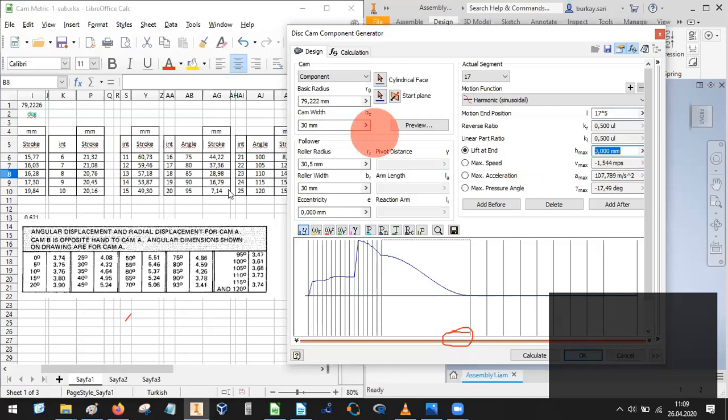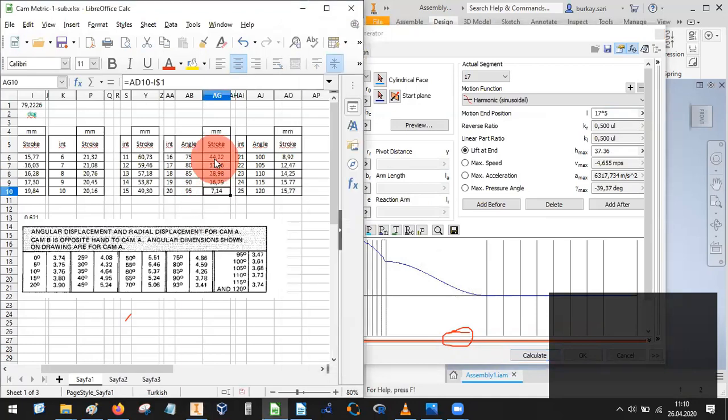I will just make the entry 38.36. This time we will have a minus degrees sometimes, the lifting positions. As you see, we have a very, very close meeting at this point, which is the 12th segment here.